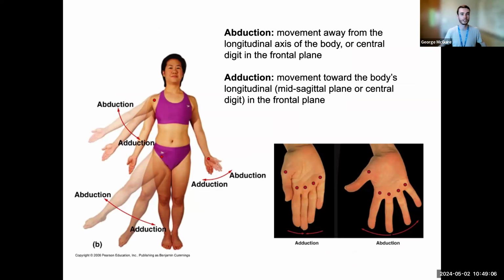So abduction is going to be longitudinal movement away from the midline. Adduction, when you add things, you put them together. So adduction is going to be towards that midline or middle digit, right? When considering our fingers and toes, you can abduct the fingers and adduct them no matter where they are relative to the midline of your body. So that is abduction of the fingers and adduction.